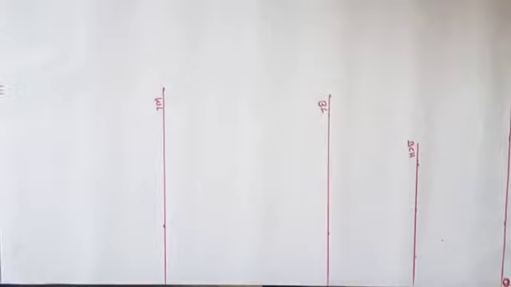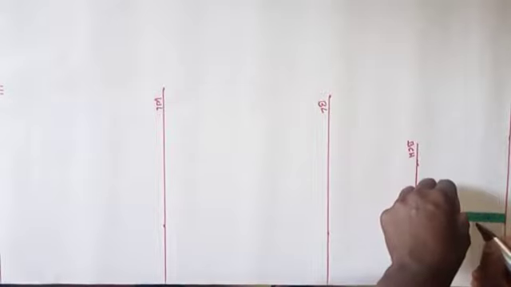So next, we are going to be inserting our shoulder line, and to get the shoulder line, we are going to be coming down from point O by 1.5 inches. So from point O, we'll be coming down by 1.5 inches to get the shoulder line.